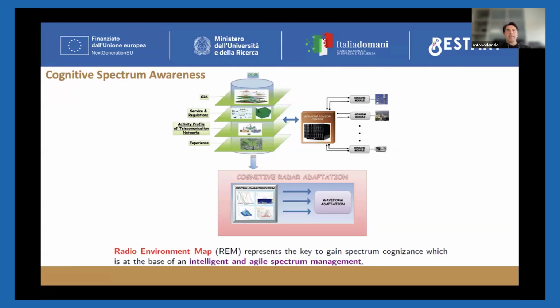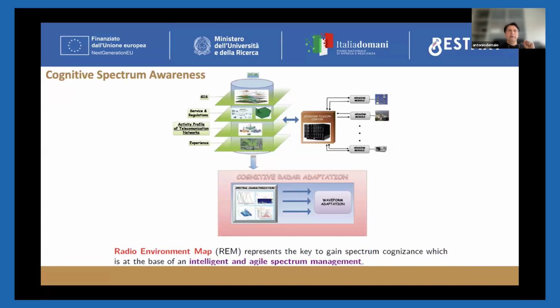The idea is to store and process a variety of data so as to make possible the inference on a multitude of environmental characteristics, such as the location of transmitters, propagation conditions, estimates of spectrum usage over space and time.